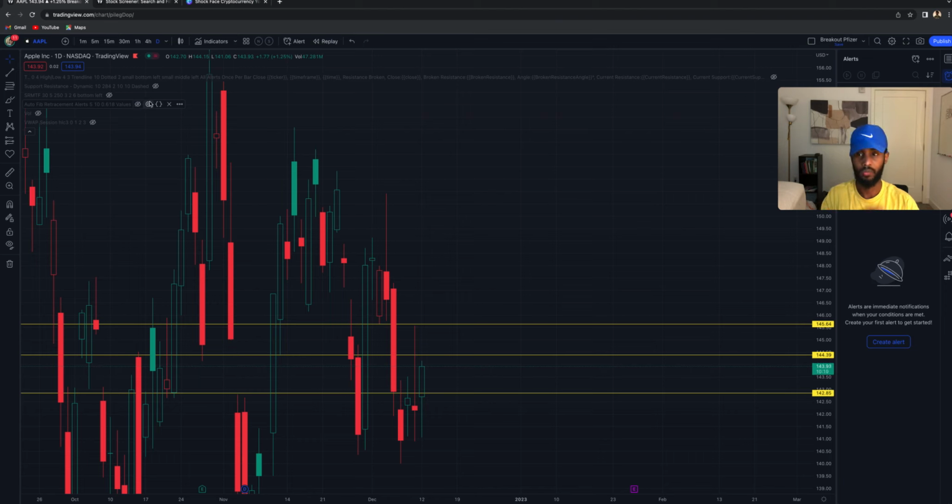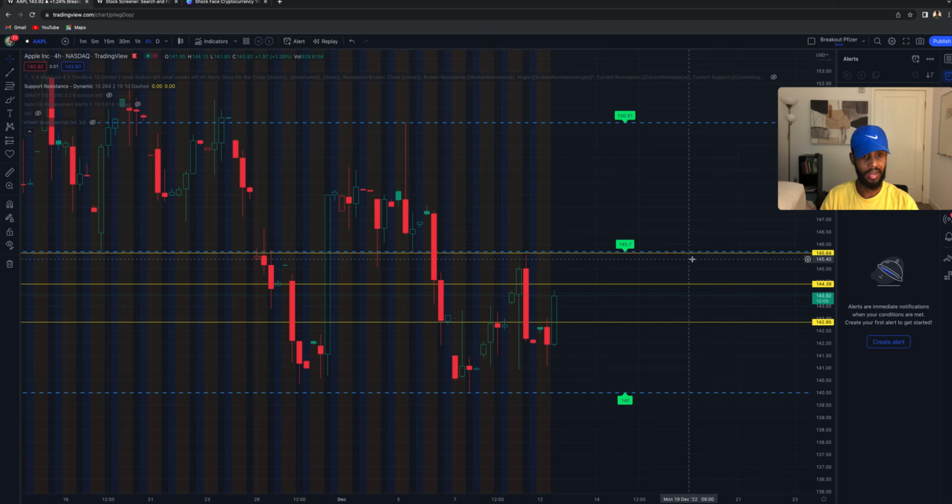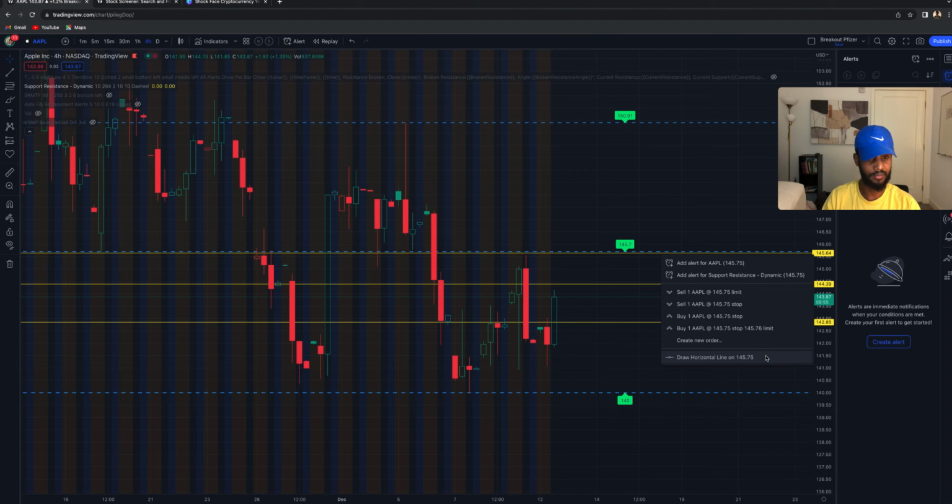Number two, we look for our support and resistance area. This indicator will find those for you. On our daily chart, we only see this one all the way up here, we ignore it. We go to our 4-hour. And now for our 4-hour, we can see that it gives us this area here. Why is this important? Because this is a Fibonacci level as well. So we'll chart this.